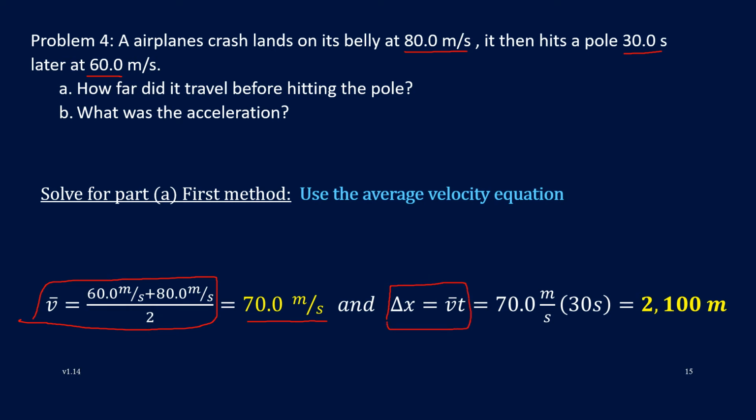Now you see the average velocity in here is equal to the 70. And so very simply we can find the displacement by taking the 70.0 meters per second, the average velocity, times the 30 seconds. And we get the distance that the plane travels in 30 seconds is 2,100 meters.